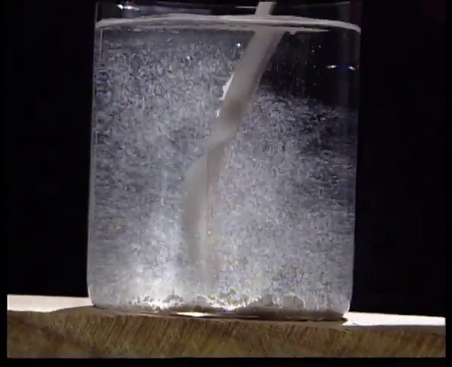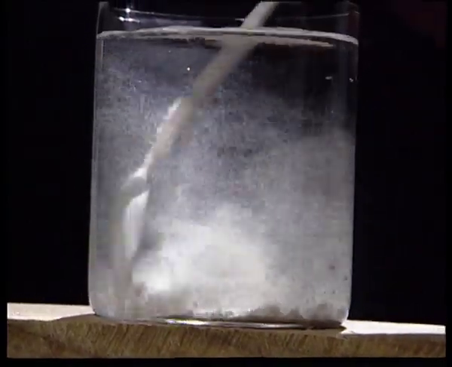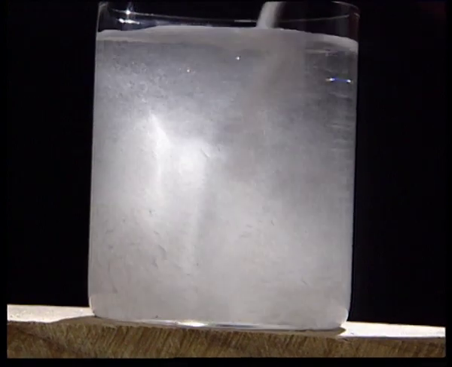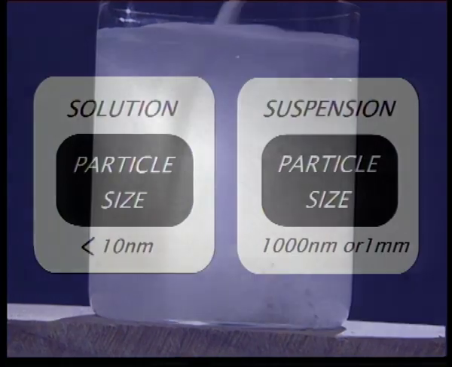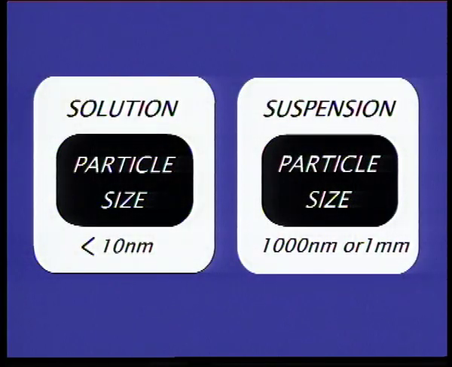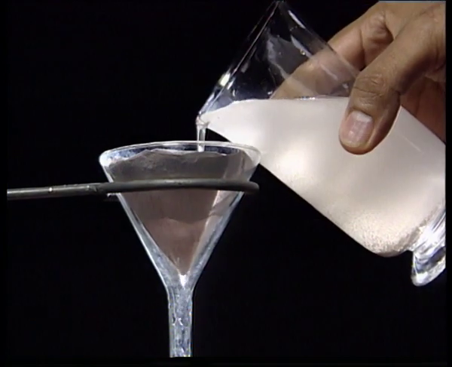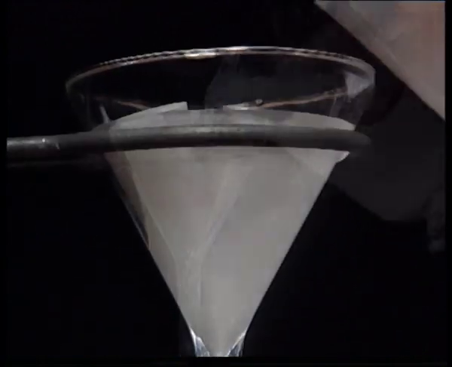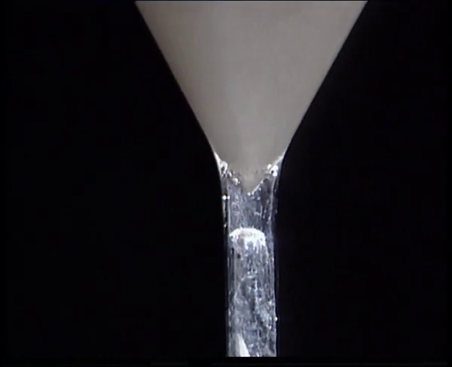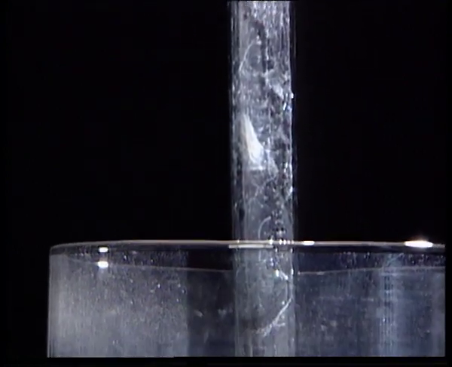When we try dissolving chalk in water, we observe that the particles get distributed in water, leading to a cloudy mixture called a suspension. In comparison to solutions, suspensions contain much larger particles. Suspensions can be filtered out. Chalk particles may be too small for you to see, but they are big enough to be trapped by filter paper.